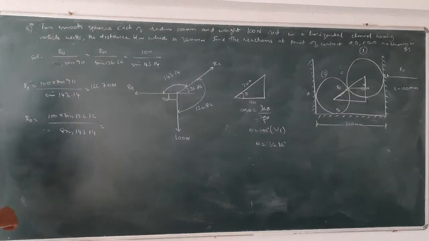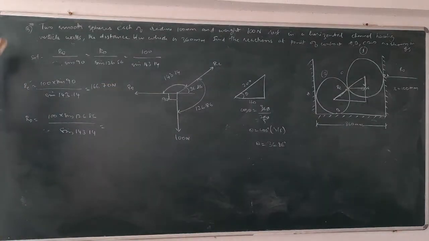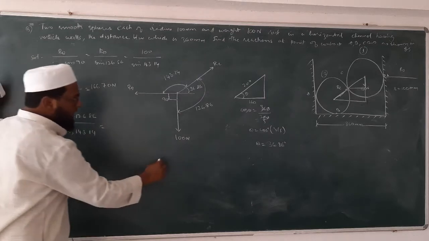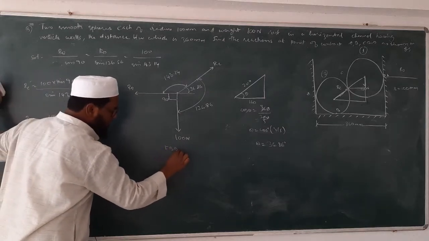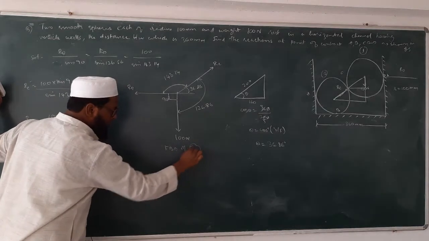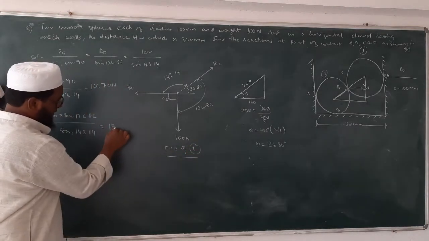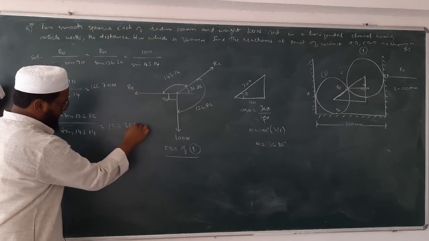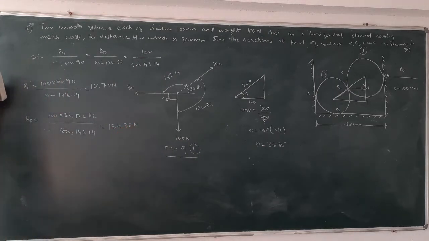And what about this one? Just change this value, sine 126.86 instead of sine 90. This is the free body diagram of sphere 1. How much? Newtons. Okay, understood this one? Easy, no?